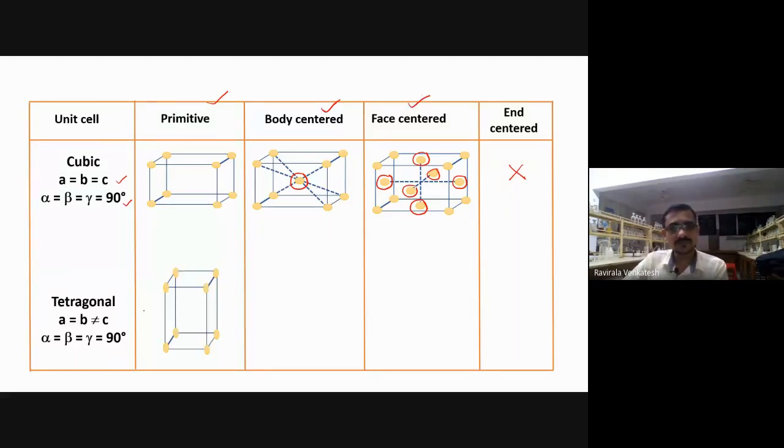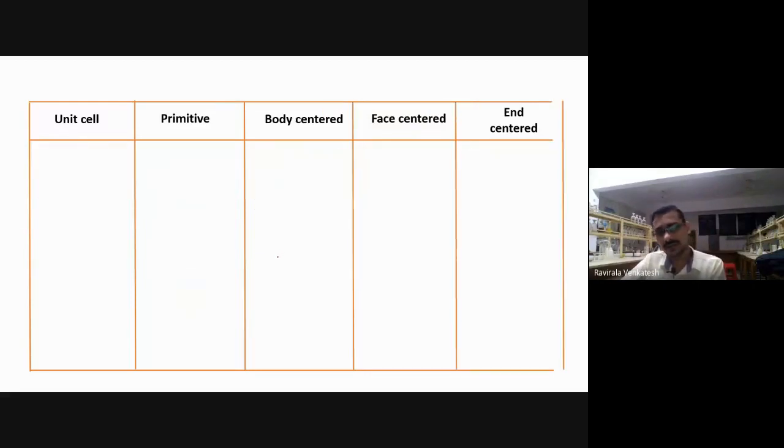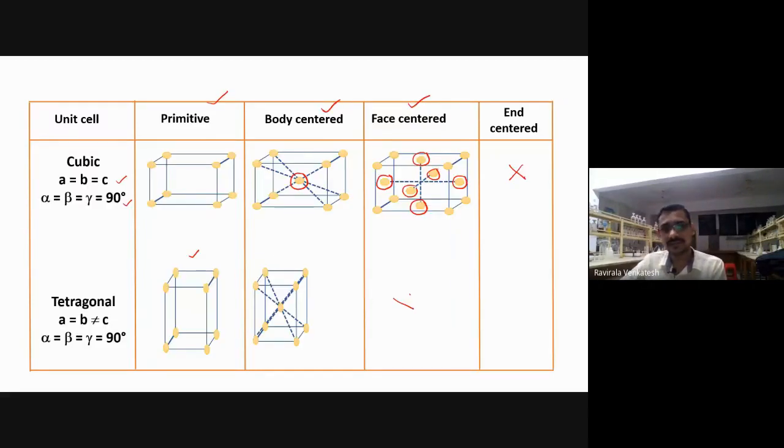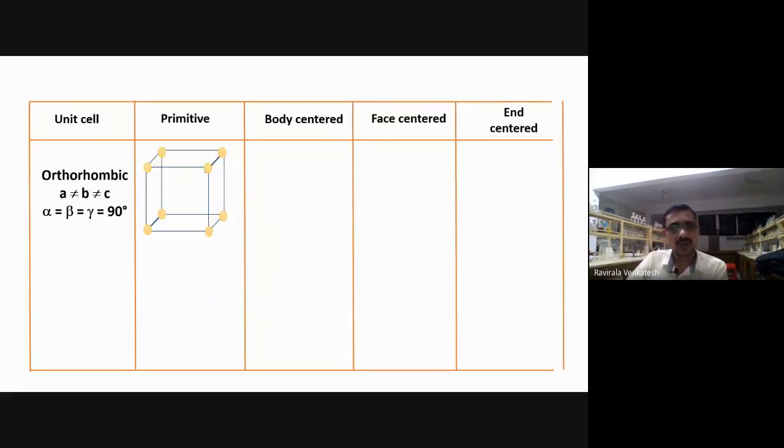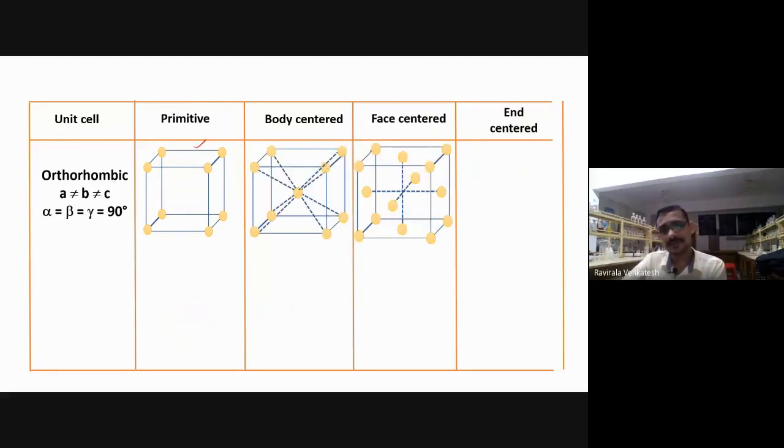In tetragonal, you may have a primitive cell, that means constituent particles may occupy all corners, and may occupy the body center also. But they cannot occupy face centers. So in tetragonal, we don't have the face centered, we don't have the end center. Only 2 are there: primitive and body centered. Next, orthorhombic will have primitive, body center, face center, and end center.